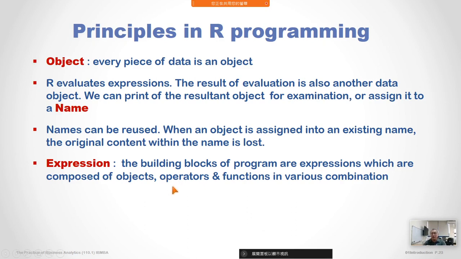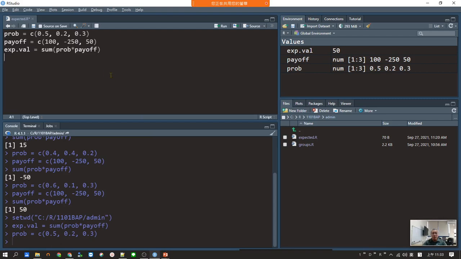A thing that I need to explain is functions, okay? What we mean by function is something like this. Probability is an object, payoff is an object, and the parentheses and the star are mathematical operators, and sum is actually a function.